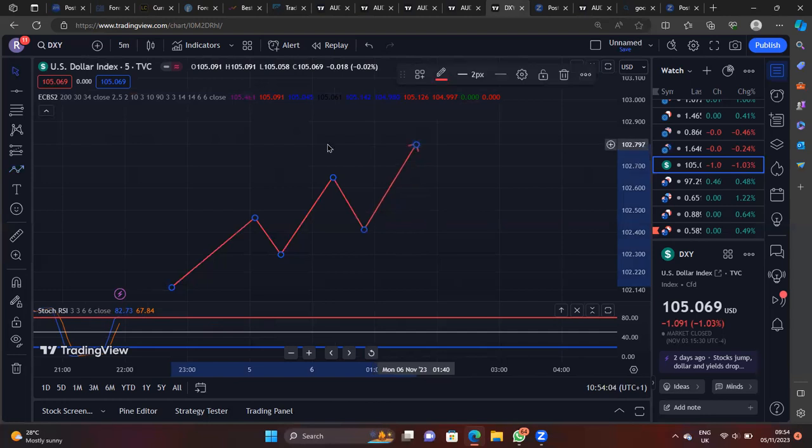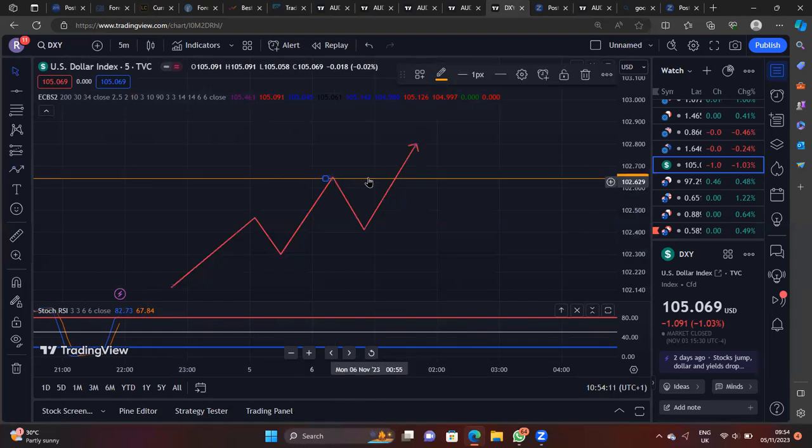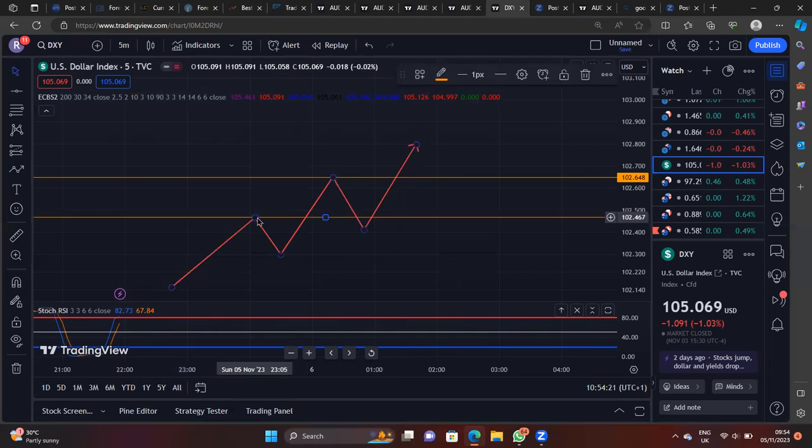Yeah. Let me explain with this. Now here, this is the previous high where it actually could push up to. And then this is the previous high, right?